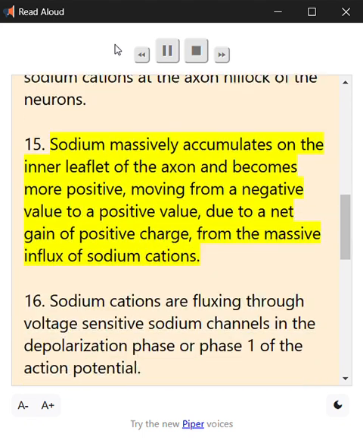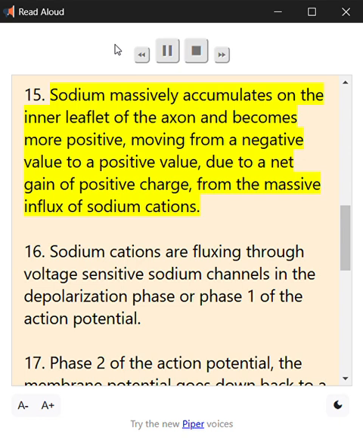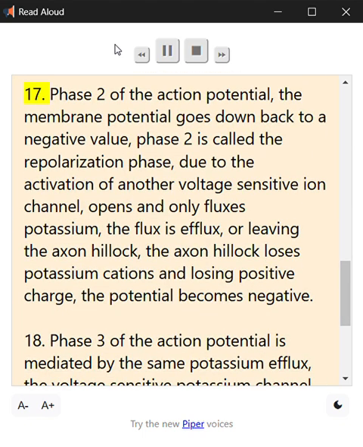15. Sodium massively accumulates on the inner leaflet of the axon and becomes more positive, moving from a negative value to a positive value, due to a net gain of positive charge from the massive influx of sodium cations. 16. Sodium cations are fluxing through voltage-sensitive sodium channels in the depolarization phase, or phase 1, of the action potential. 17.